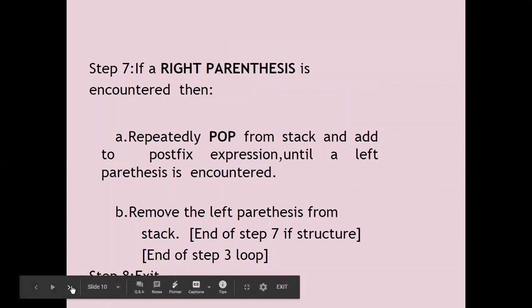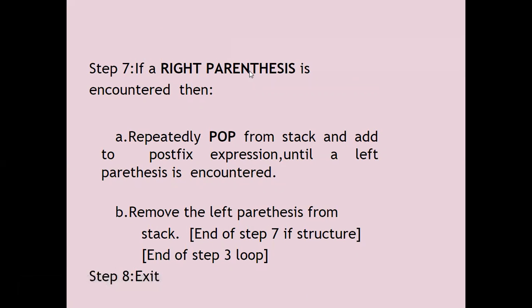Step 7: if the right parenthesis is encountered, then what will happen? Repeatedly pop from the stack and add to the postfix expression until a left parenthesis is encountered. Again, I'm revising here. Step 7: if the right parenthesis is encountered, then repeatedly pop from the stack and add to the postfix expression until a left parenthesis is encountered.